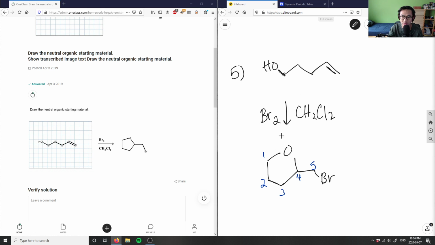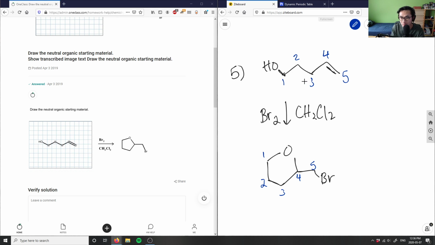In this case, Br2 in CH2Cl2, this is going to fold into the oxygen here to create this 4-membered ring. So again, I'm going to count my carbons to show you: 1, 2, 3, and 4. And then this guy is going to fold into the oxygen here, creating this ring, and then the 5th carbon is going to be attacked by the bromine.